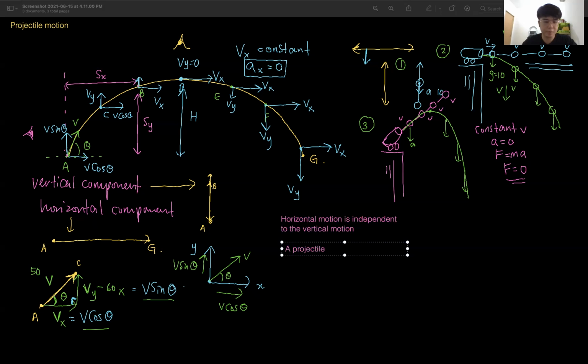A projectile is an object upon which the only force acting is gravity. Okay, it can be one-dimensional movement. In that case it would be the vertical motion only. It can be a two-dimensional movement, like a rainbow, like this. In a two-dimensional movement, you need to analyze it separately. Vertical, vertical, horizontal, horizontal.